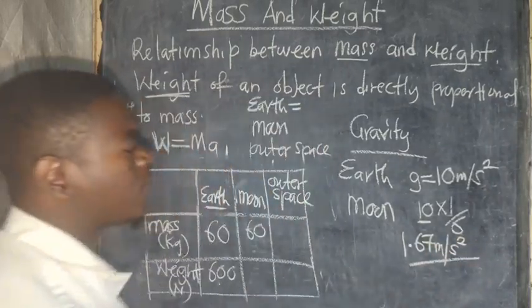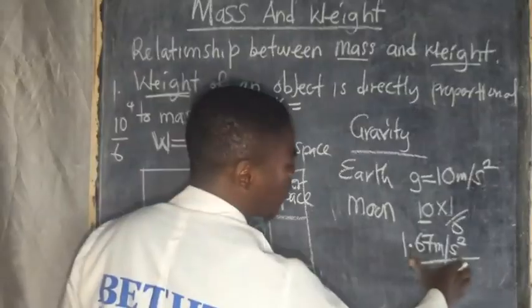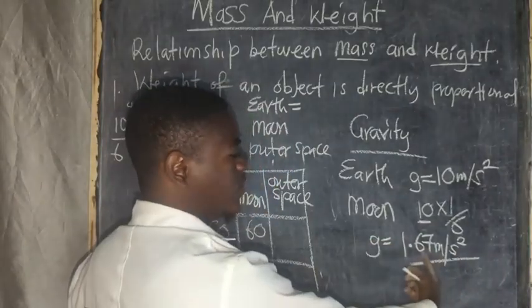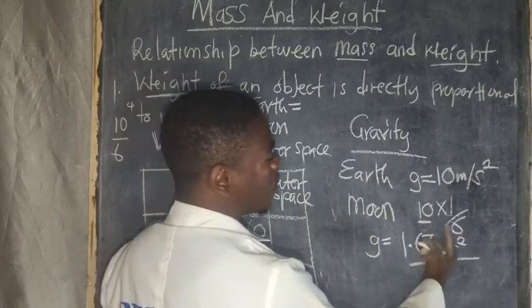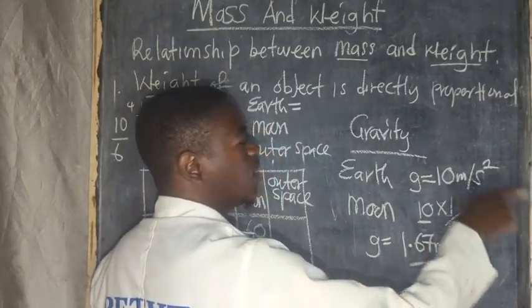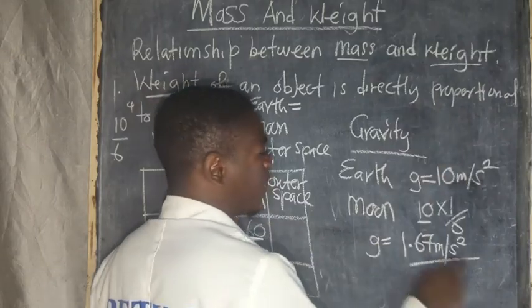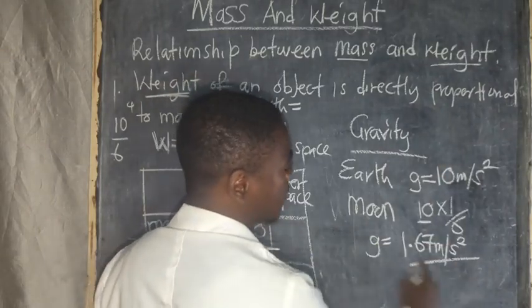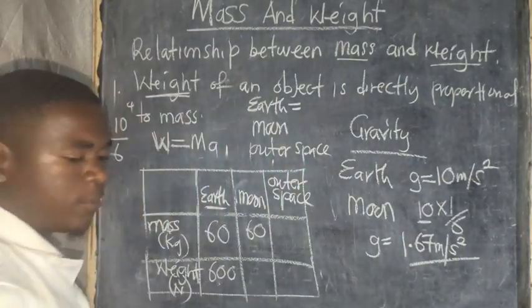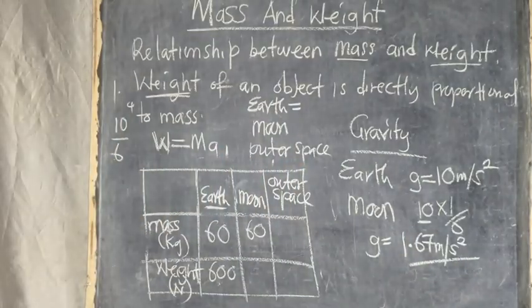So this is the gravity on the moon. It is approximated to be 1 over 6 times that of the earth's gravity. This is the gravity that we use when you go to the moon.